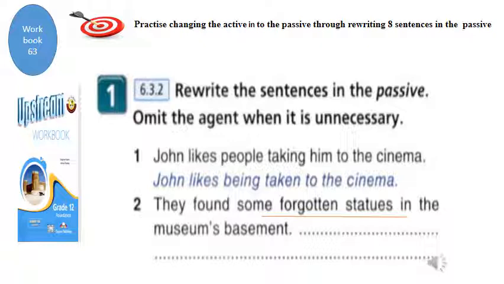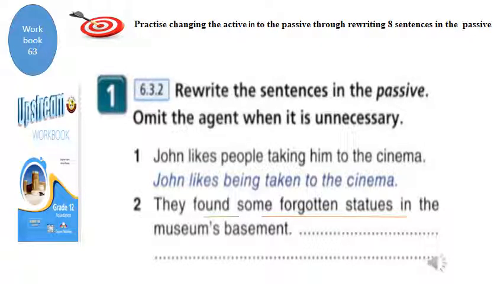First of all, I have to see where is the object. The object is some forgotten statues. I'd like to tell you that I can find one word, I can find some of the words as object, okay? I have to check where is the object. Then the object becomes the subject. Then I'm going to see where is the verb. The verb here is found, okay?